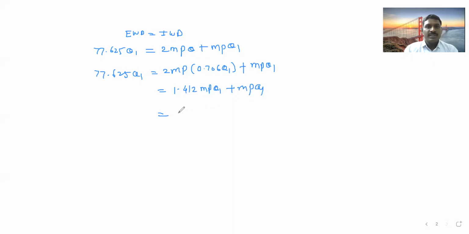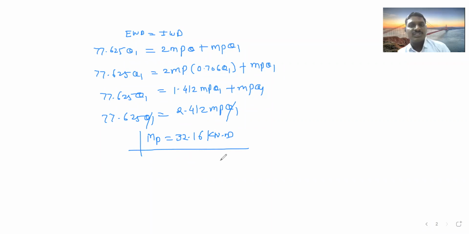It means this will be 2.412 Mp theta 1, and this is 77.625 theta 1. Now calculate Mp. So theta gets cancelled. How much is the value of Mp? 32.16 kilonewton meter. It will be the value of Mp for the span CD.